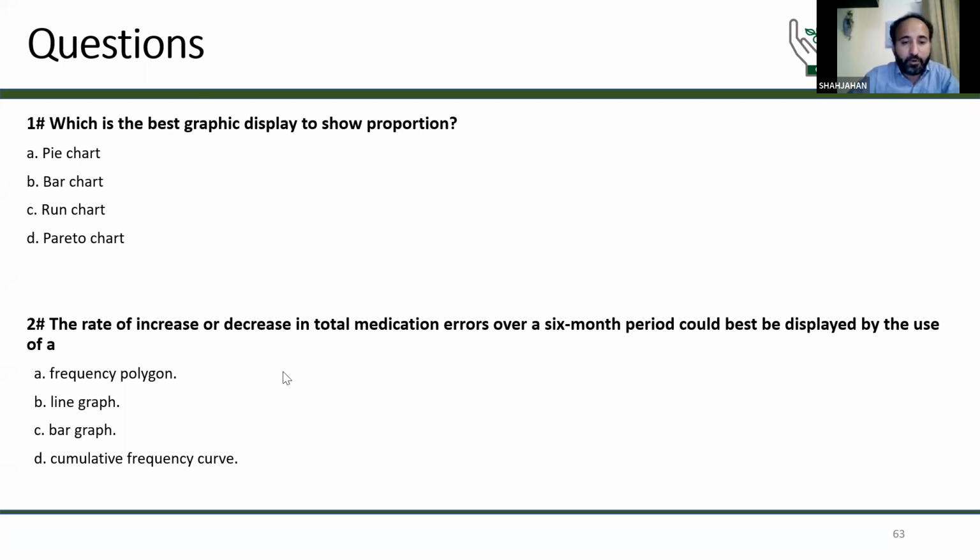The rate of increase or decrease in total medication errors over a 6-month period could be displayed by the use of: frequency, line or bar graph, or cumulative frequency curve.